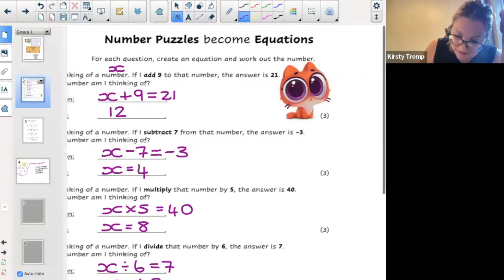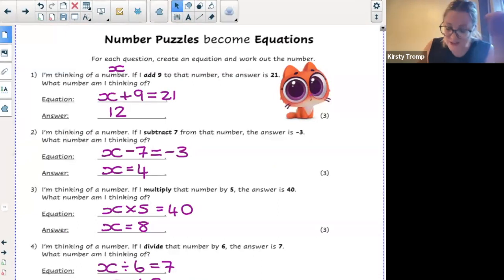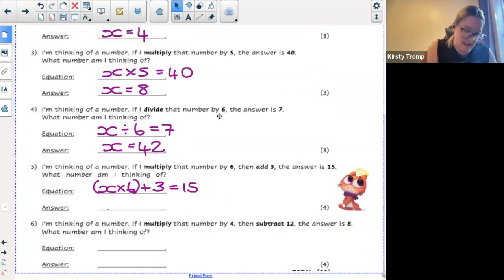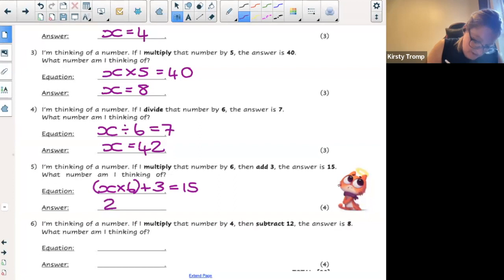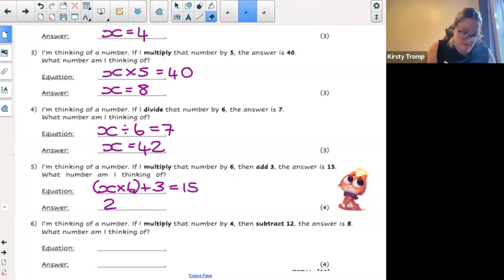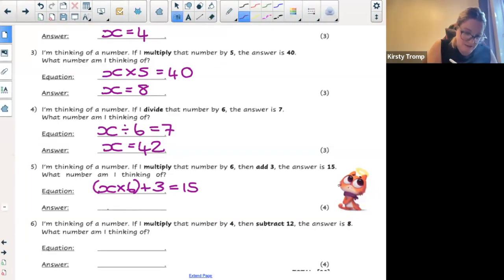Thank you, ma'am. Okay, thanks so much, Lachey. So guys, x is equal to 2.